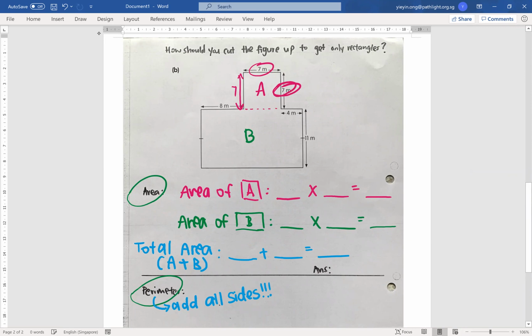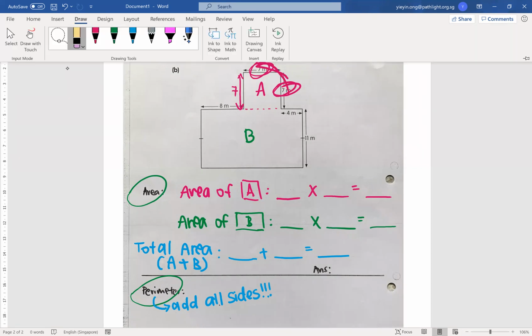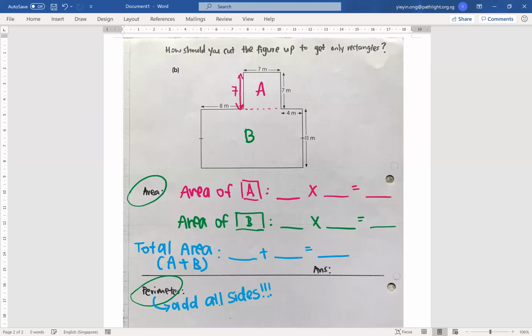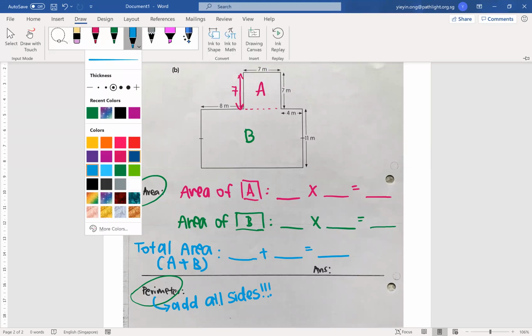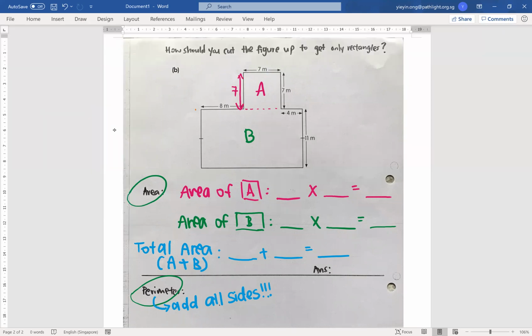Okay. Then next, I'm going to find the other unknown sides. So I'm going to find the left side of rectangle B. If you can see, the left side of rectangle B has a marking of this one line here.